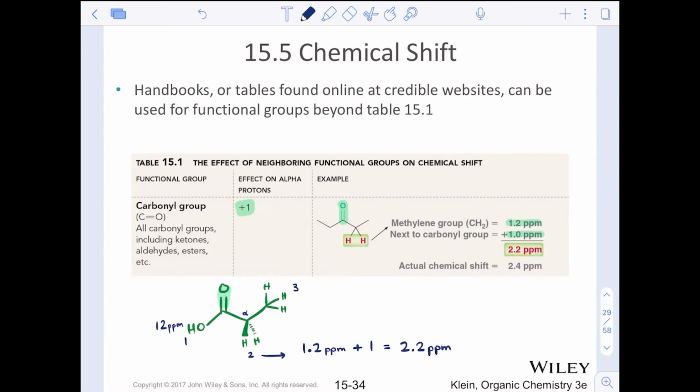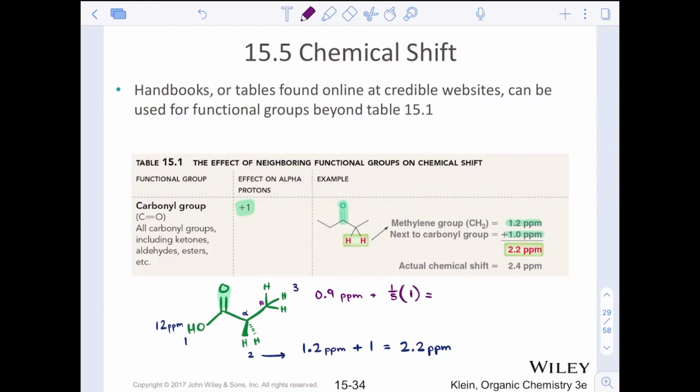All right, now if we go and look at beta, the next door to the carbonyl, alpha comes first, then beta. Betas have about 1/5 of the effect that the alpha protons do. So methyl groups, we would predict, just like we saw before, baseline of 0.9 ppm plus 1/5 of what the alpha does, 1.